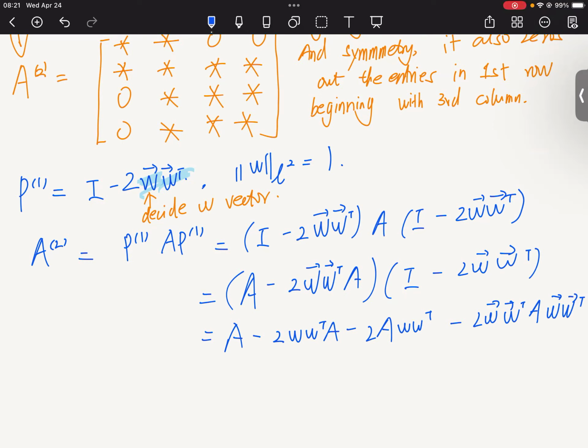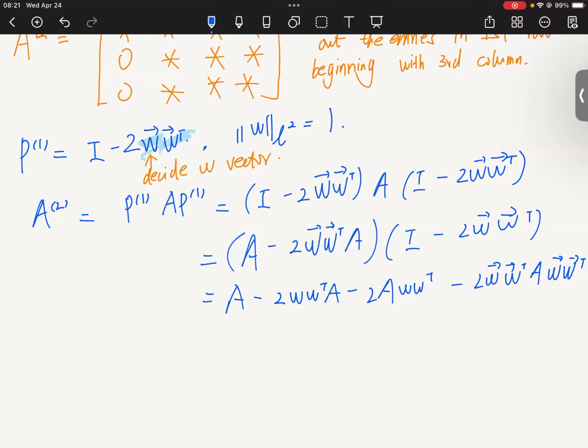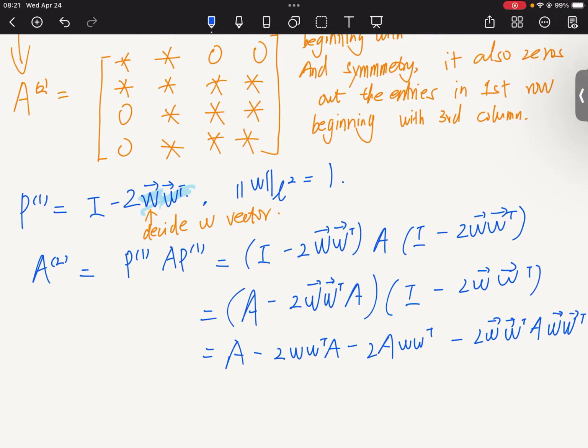But what is our goal for these transformations? First of all, we want this to be 0, and we want this to be 0. And actually, we can decide this. We have an algorithm to decide such a vector.